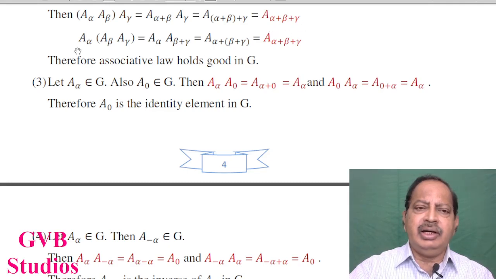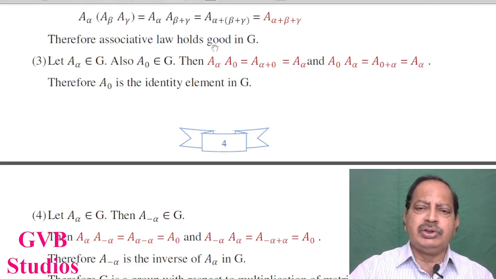And on the right side, I can write A alpha (A beta A gamma). First applying the closure property for A beta A gamma, this is equal to A alpha A of beta plus gamma, which gives A alpha plus beta plus gamma. These two are equal. Therefore, the associative law holds good in G.